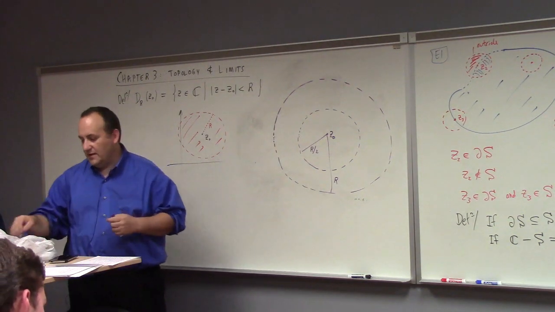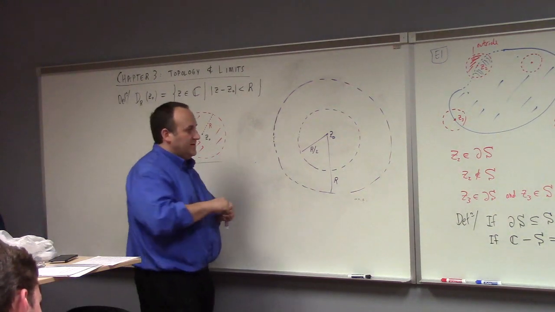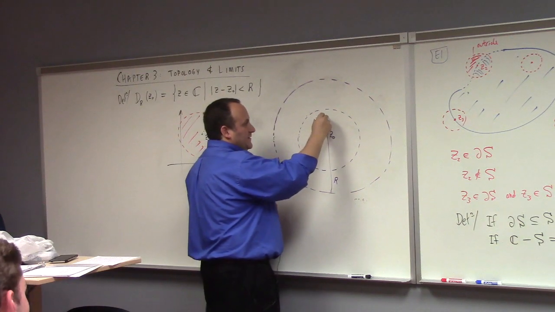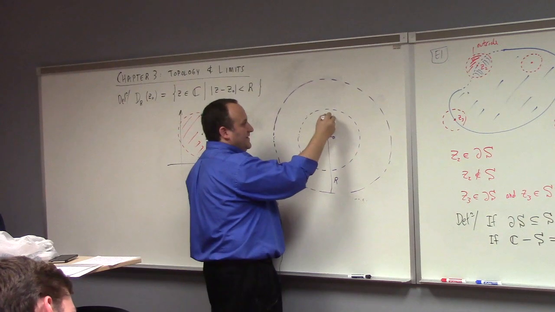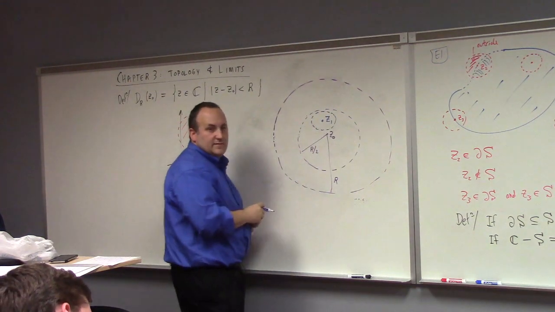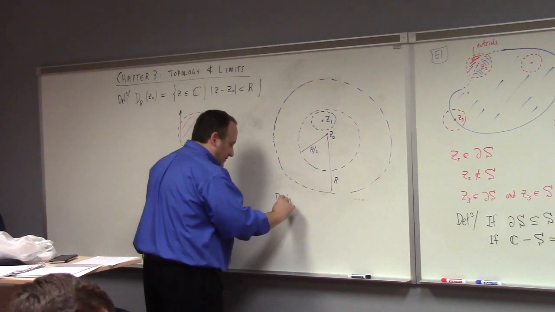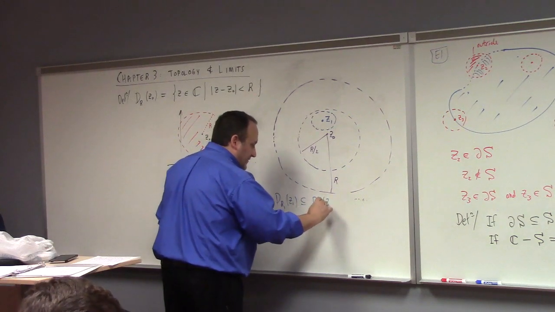If you're trying to prove a point is interior, like this point, let's call it Z1, then you need to be able to find a radius, right? Such that the disk of radius R1 centered at Z1 is a subset of the disk of radius R centered at Z0, right?